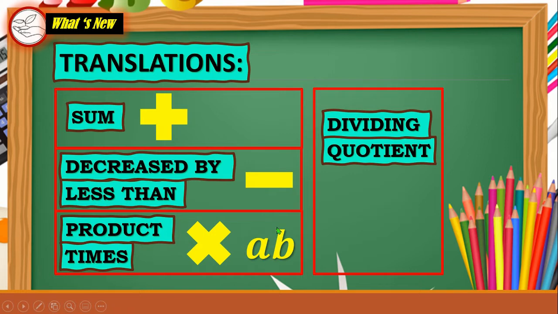Look at my mouse. And lastly, dividing or quotient, which obviously means division. You can use an obolus or a vinculum, this bar right here. Now, let's go back.